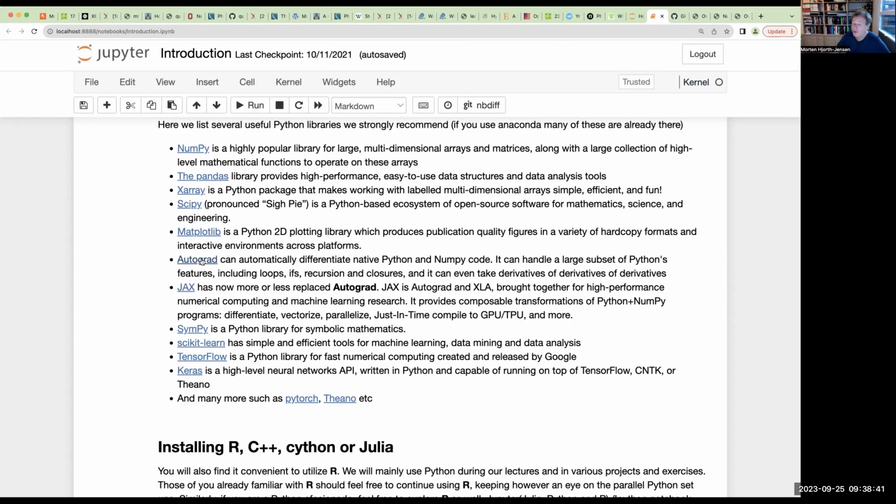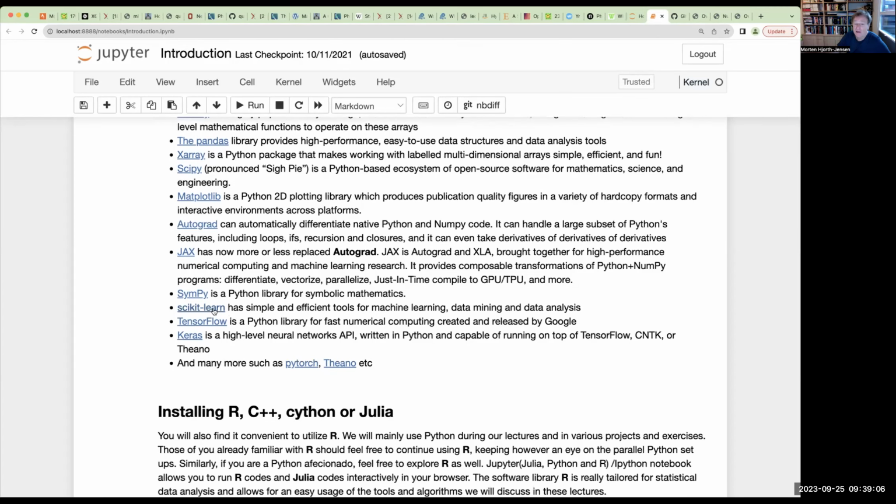So this is something which is going to ease our calculation of procedures, because we are going to often need to calculate the gradients of complicated functions. And with Autograd and later now JAX, this is done in a very smooth way. So I normally recommend, if you don't use Autograd, to use JAX here.